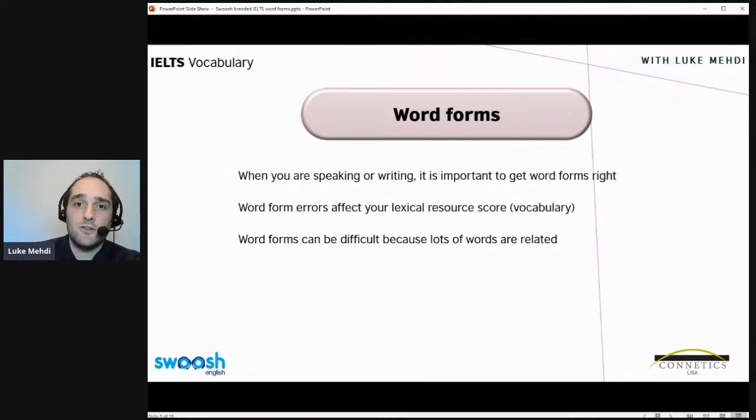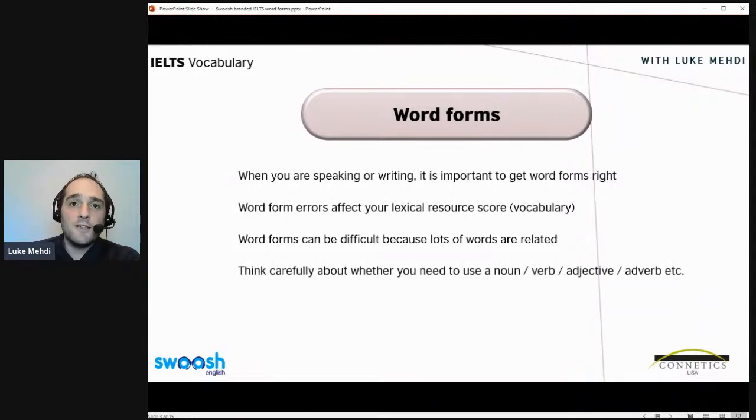If you are making too many word form errors, you won't be able to score band 7 or above for lexical resource, no matter how good your variety of vocabulary. So it must also be used accurately, and word forms can affect that accuracy.